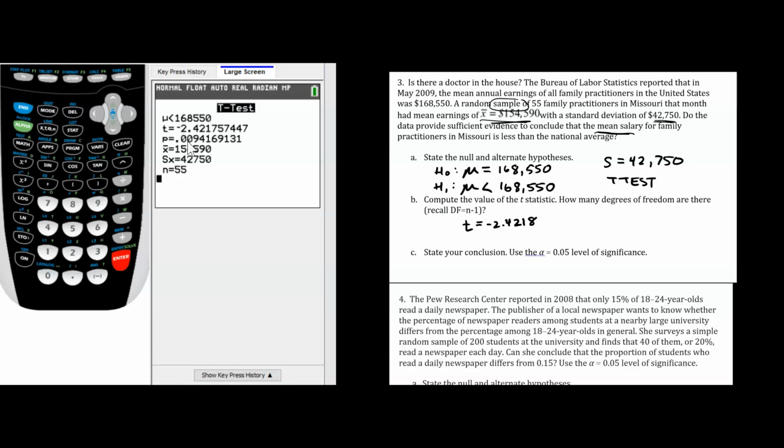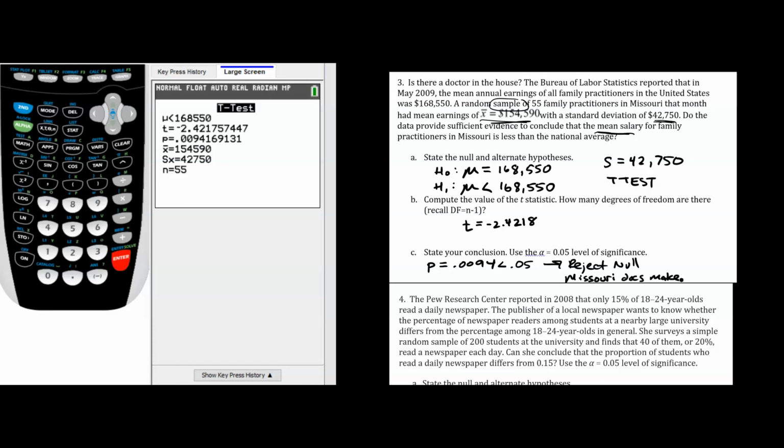As you look at the p-value, we could see that p is equal to 0.0094, and 0.0094 is less than 0.05. And so we will reject the null. And when we reject the null, at the same time we are accepting that the average salary for the population of family practitioners in Missouri is less than $168,550. So our conclusion is Missouri doctors make less.